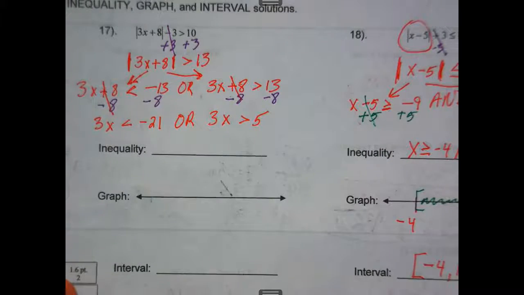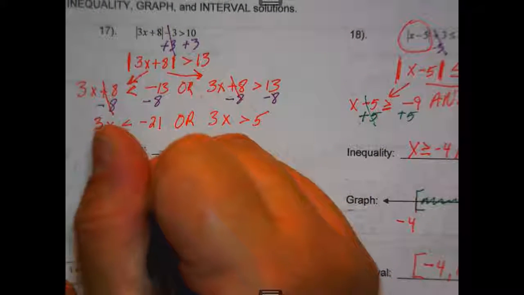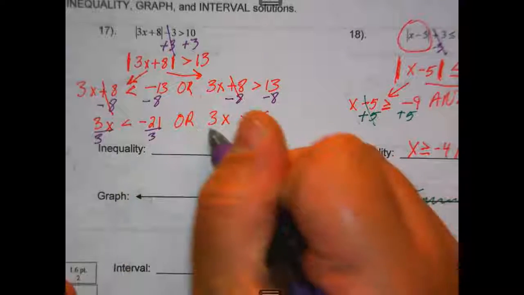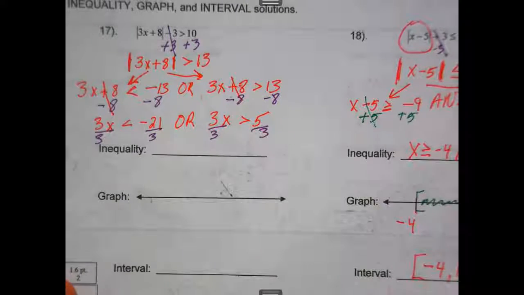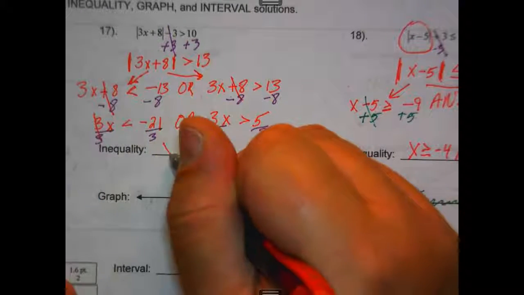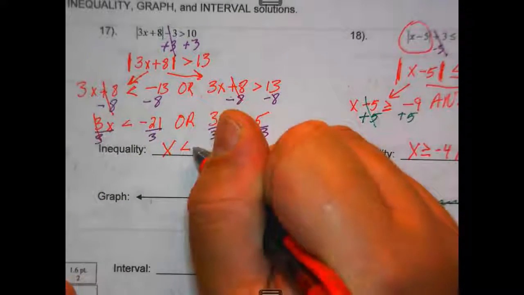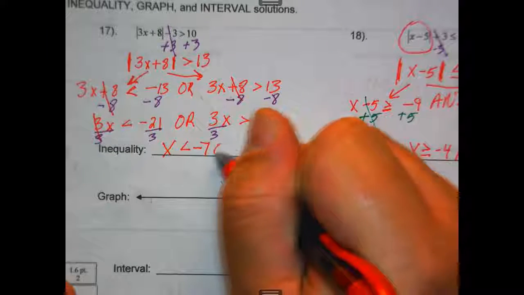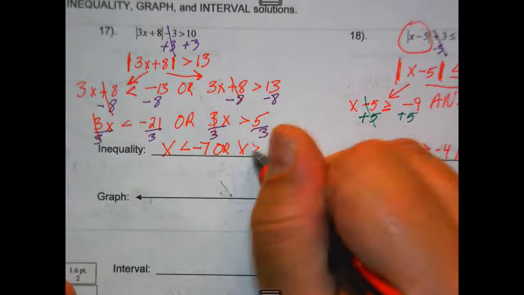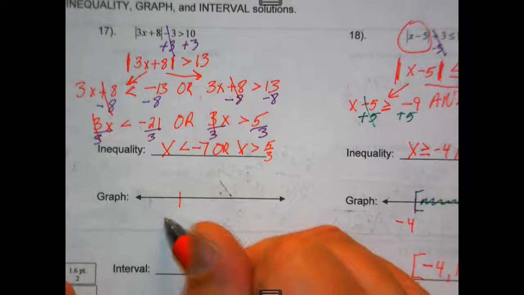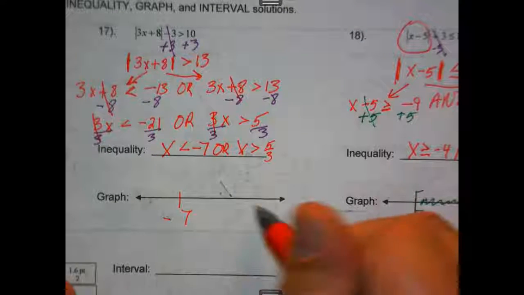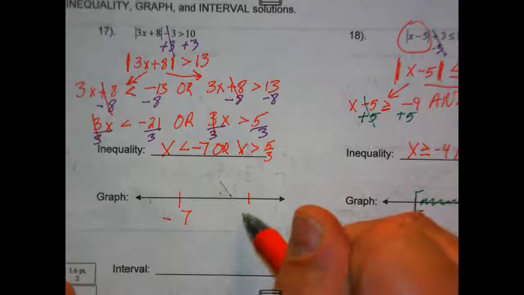Now what? That's right. Divide by 3. So I get x is less than negative 7, or x is greater than 5/3. Small number, negative 7. Large number, 5/3.